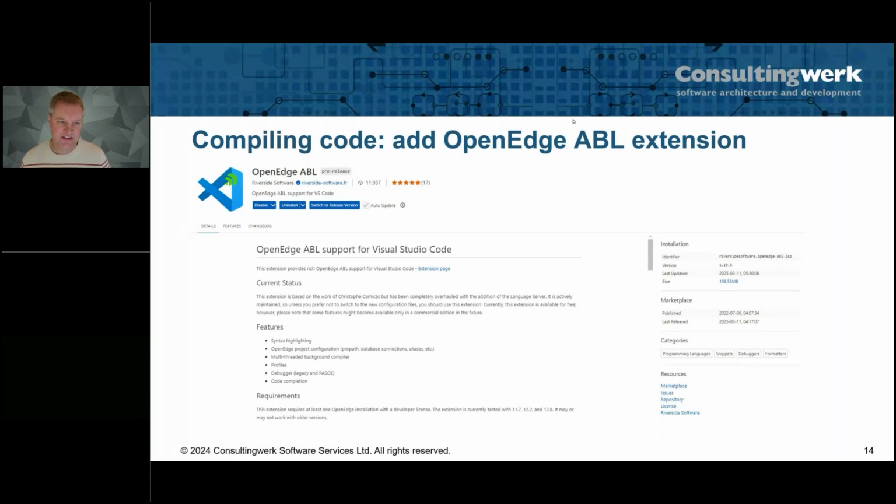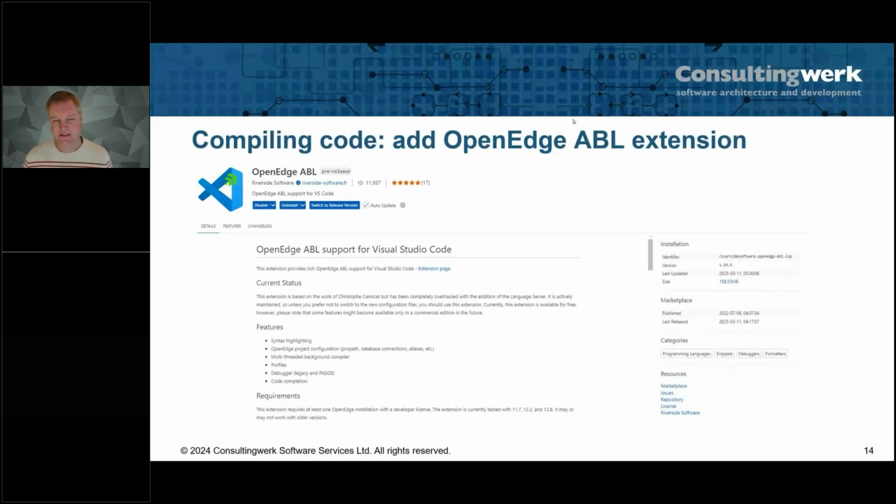The Riverside extension, this OpenEdge ABL extension, is the one we recommend you use. It's one we use. I've done pretty much all my development, except for UI development, in Visual Studio Code using the Riverside extension for at least a year, maybe 18 months now.